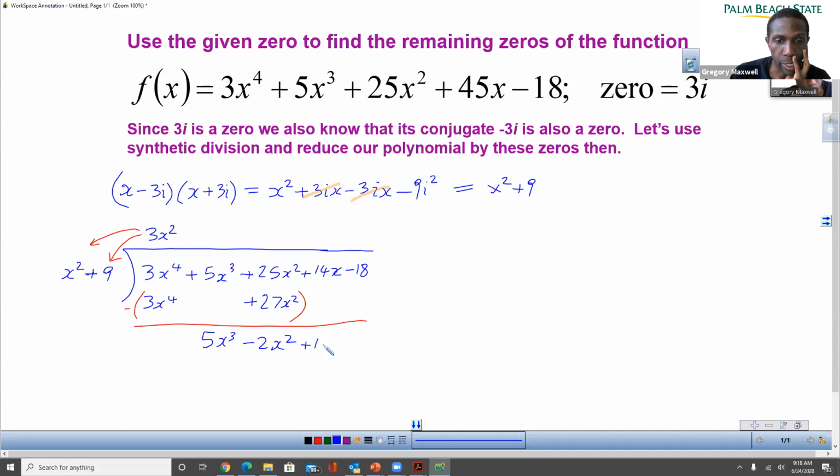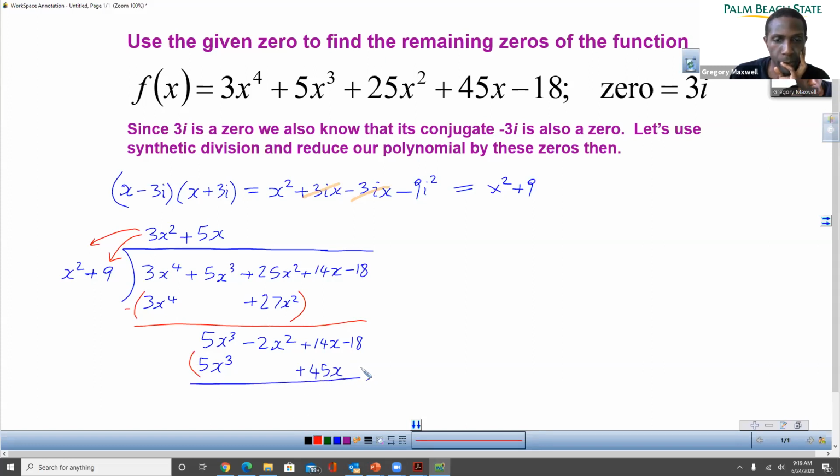And then the 14x and the minus 18 are subtracting 0, so that's that. Then I do x squared into 5x cubed, which gives me positive 5x. Then I multiply 5x times each term again. So I end up with 5x times x squared is 5x cubed, and 5x times 9 is 45x.